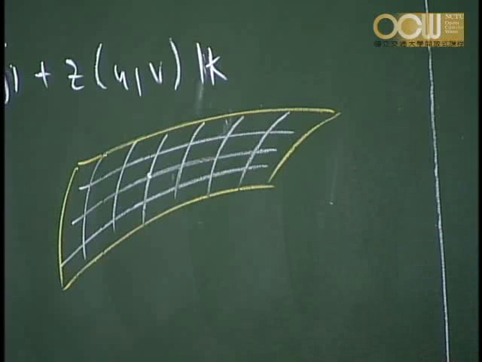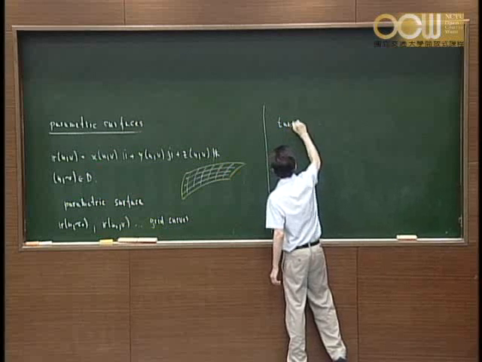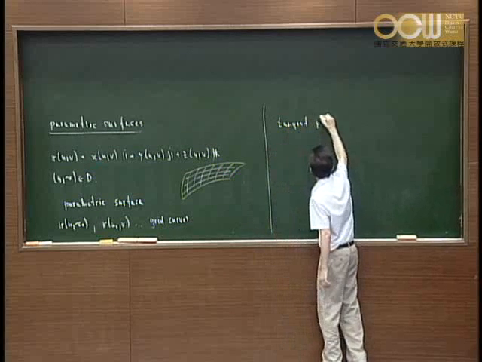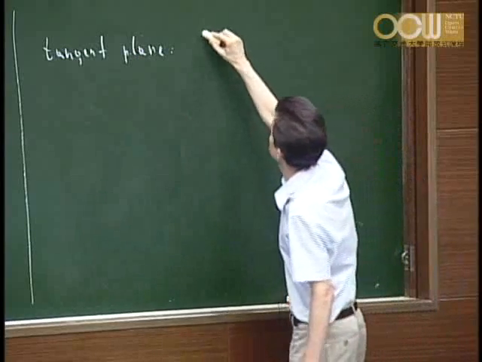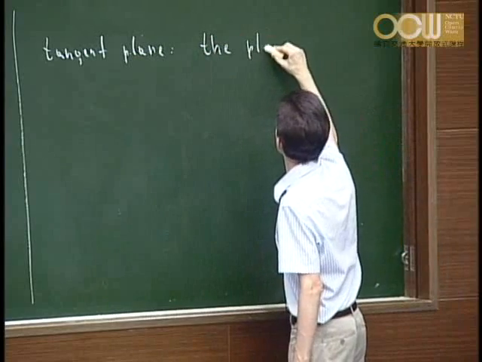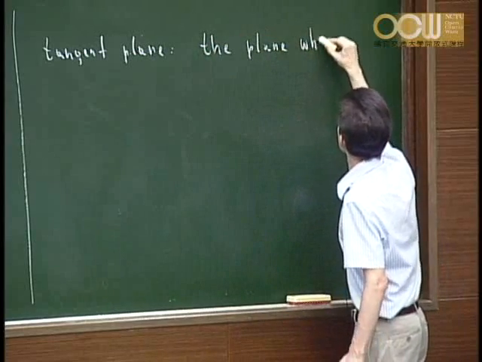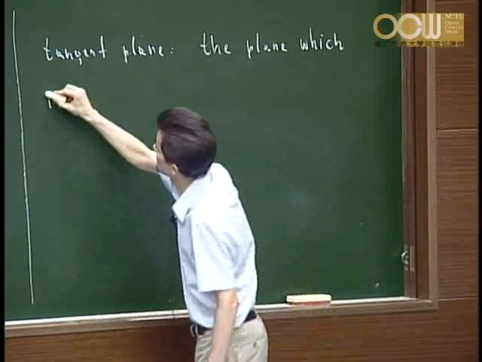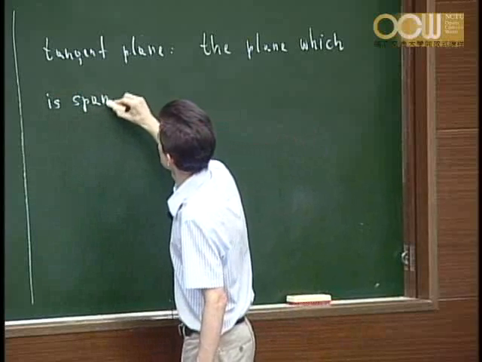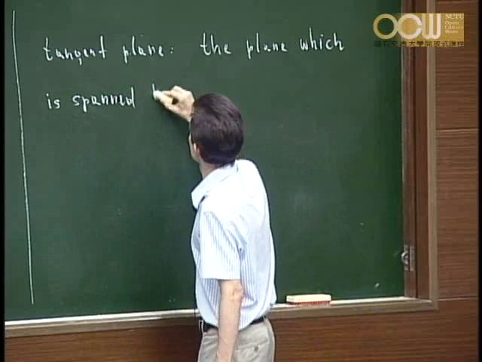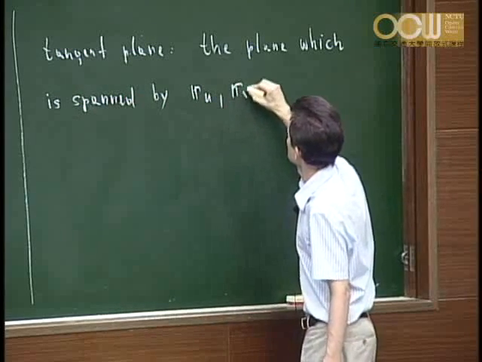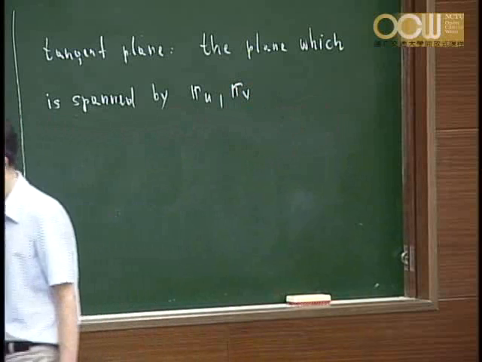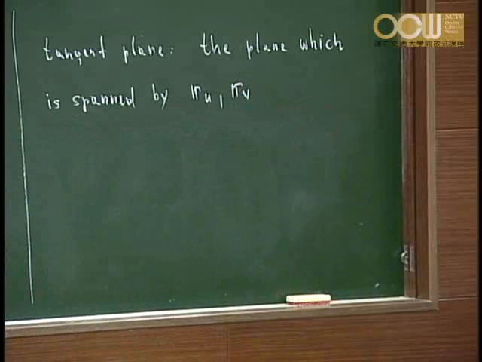So the tangent plane is the plane which is spanned by the tangent vectors to the grid curves at a certain point.